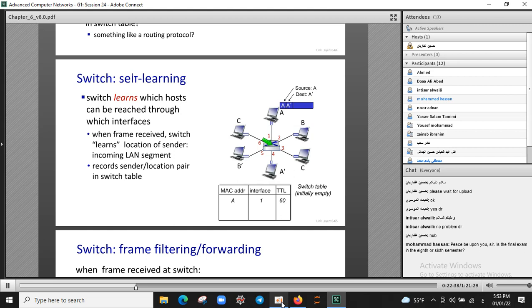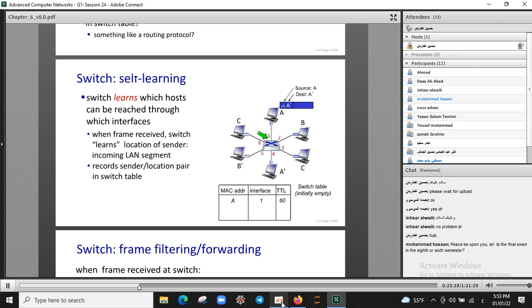System A has a MAC address A. A MAC address is a 48-bit address. An IPv4 address is a 32-bit address, but a MAC address is 48 bits. It's the address of your physical network card.